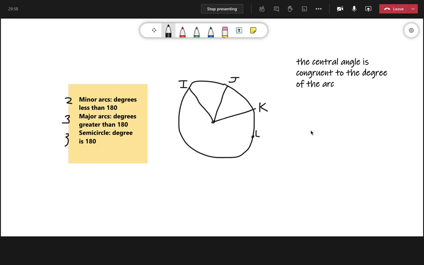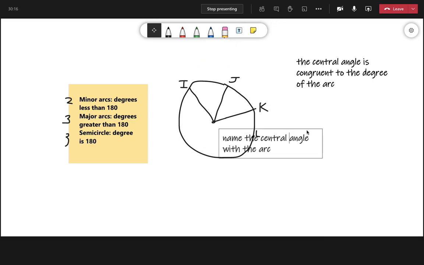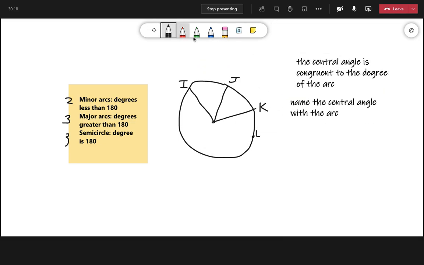So this time we are going to name the central angle for this one. We're going to name the central angle with the arc. So if I were to give you an arc, we're going to have to name our central angle. So let's start with this one. I want to find the angle for JLK. So we're going to start with JLK.